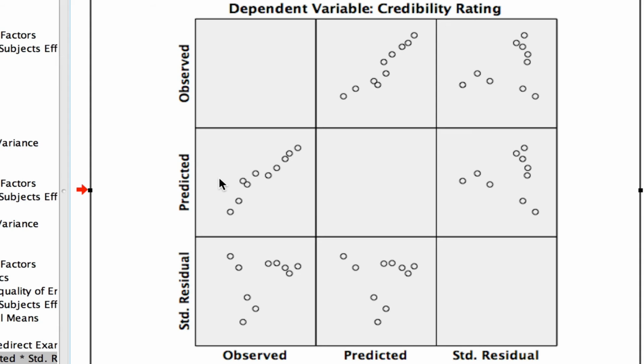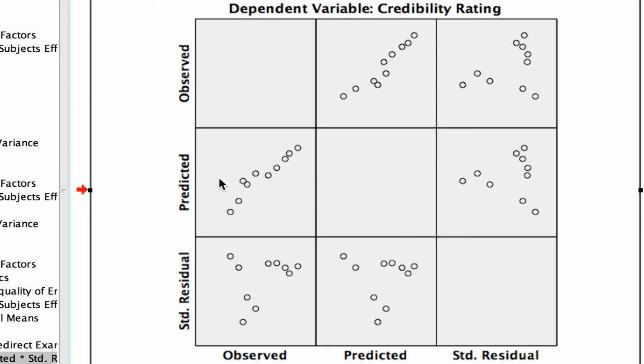So if we think about ANCOVA within that framework, we've got this additional predictor, the covariate, and we want to see if the grouping variable can explain anything after we've taken this covariate into account.